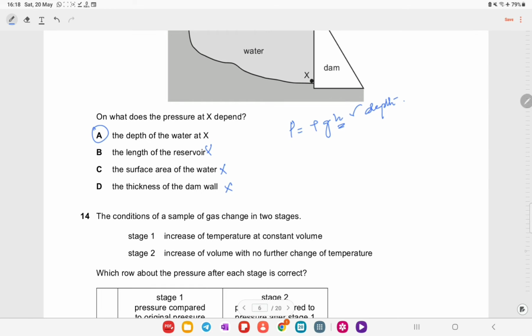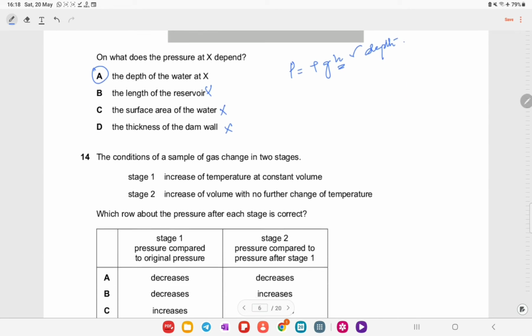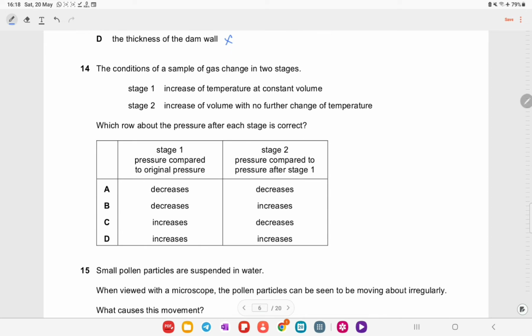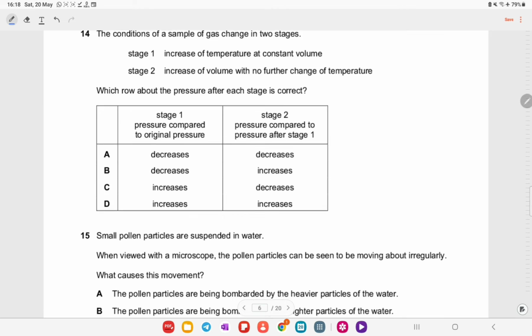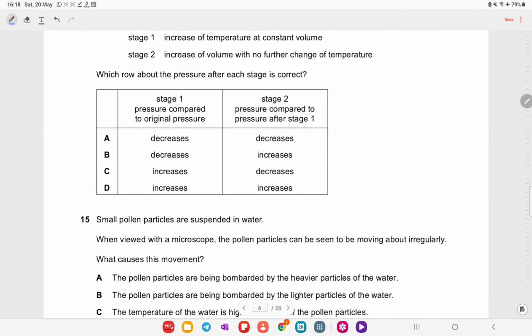Okay, the condition of a sample of a gas changes in two stages. Stage 1 increases the temperature at a constant volume. Stage 2 increases the volume with no further change of temperature. Which row about the pressure after each stage is correct? For stage 1, if you increase the temperature, obviously the pressure will increase.